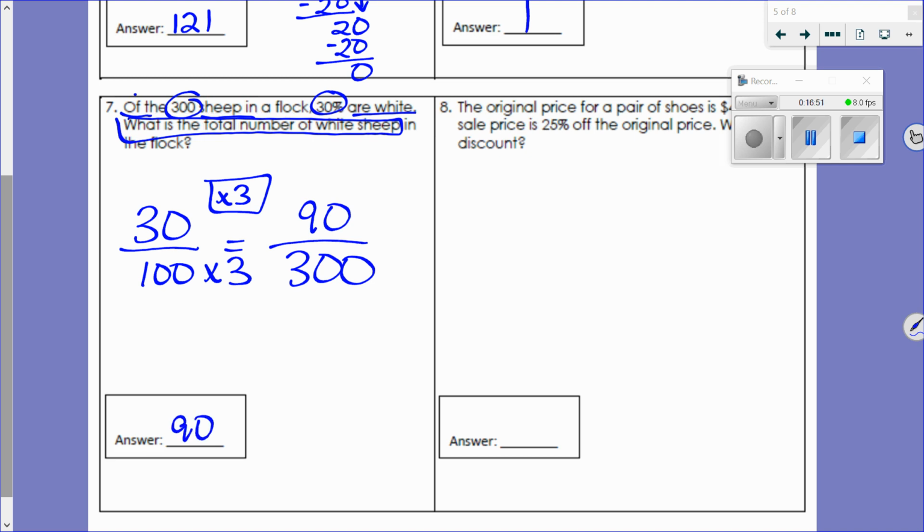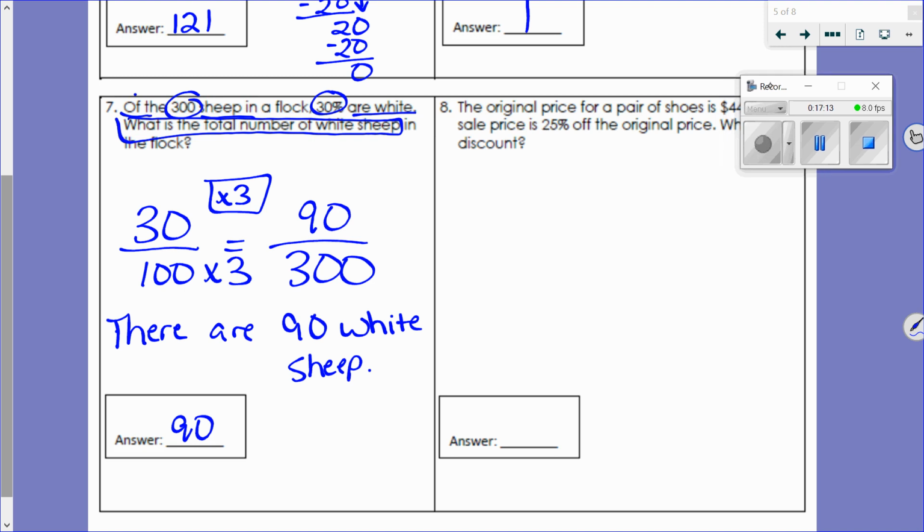This is a word problem, so I need a word answer. There are 90 white sheep. Any questions? And 90 white sheep. You have to have the word white.